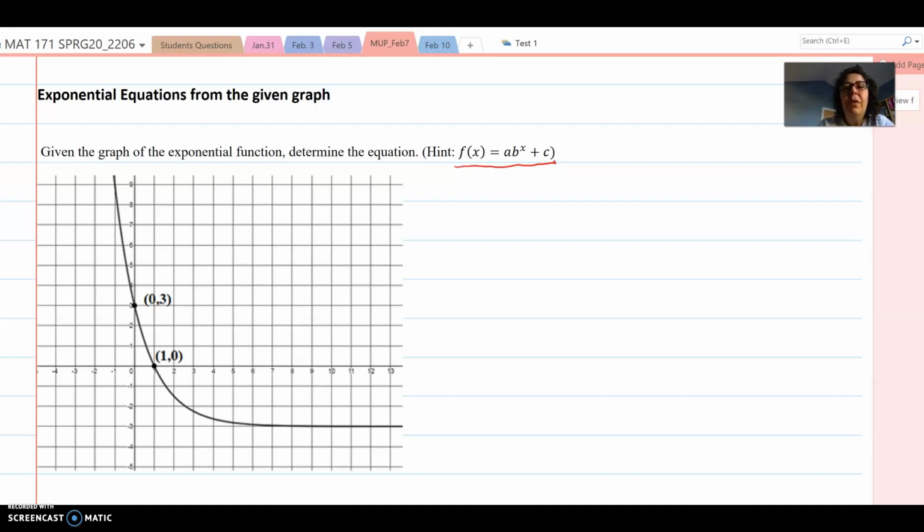All right, so steps, remember, we start with first finding C. You need to identify C first. Identify C, which is a horizontal asymptote.